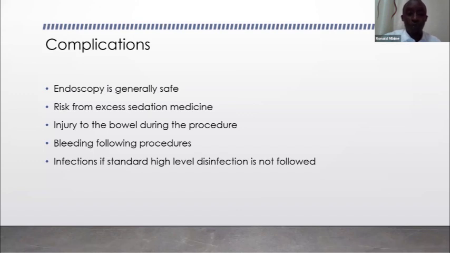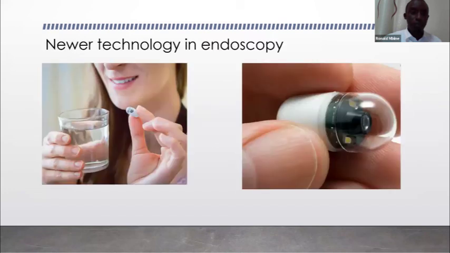So we use chemicals, specific chemicals that clean and destroy any bacteria, any DNA of any organism, but also the technical capacity of the people cleaning them, their expertise is very important. And if a center is not adhering to very high levels of sterility, there's a risk that infections can actually be transmitted through this procedure.